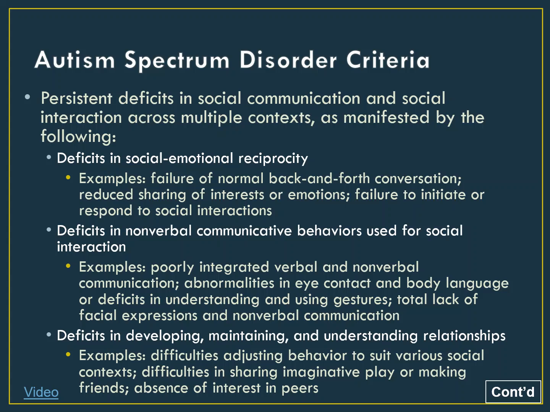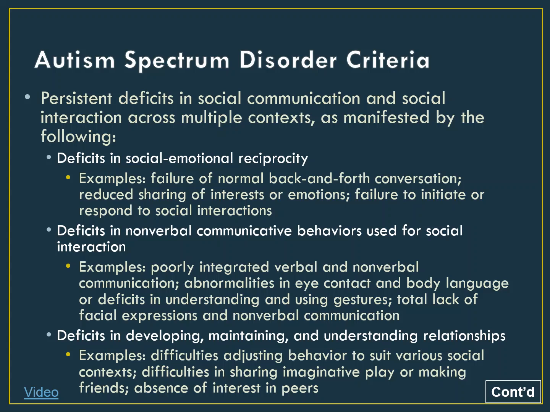Or more explicitly, if the person you were talking with pointed at something, would you follow their finger to see what they were pointing at? You almost certainly would. This is joint attention. You are following the other person's communicative signals so that you are both attending to the same thing. This is a skill that we tend to develop very early on in life, and other animals such as dogs have this skill as well. However, some people with autism spectrum disorder lack this skill, again providing evidence for deficits in nonverbal communicative behaviors.